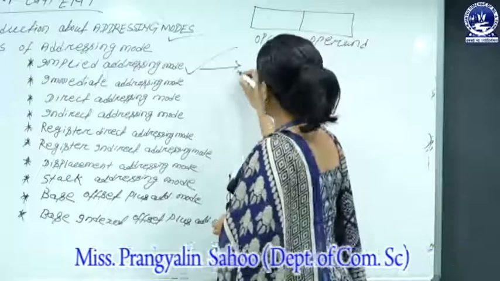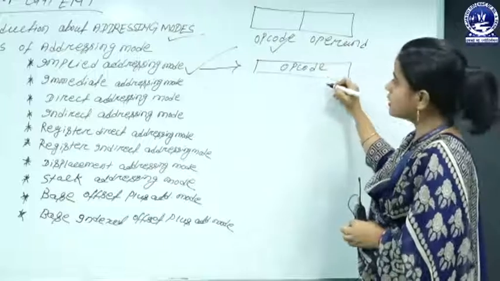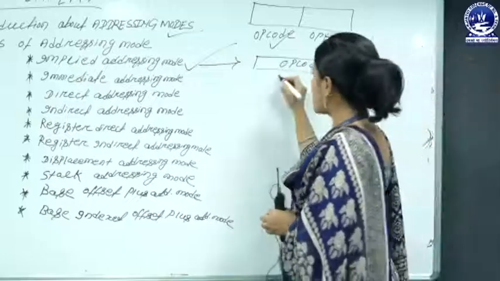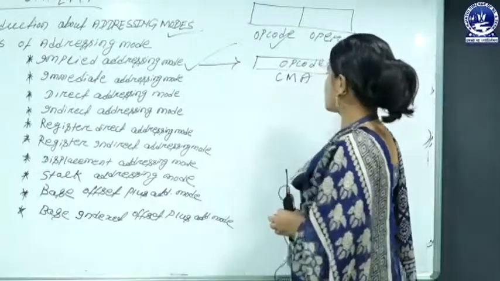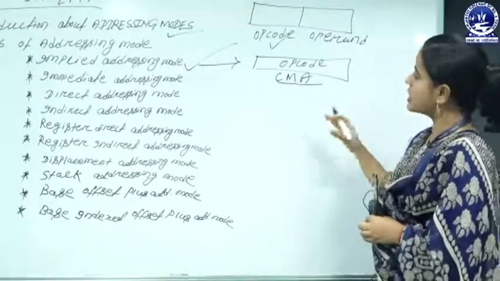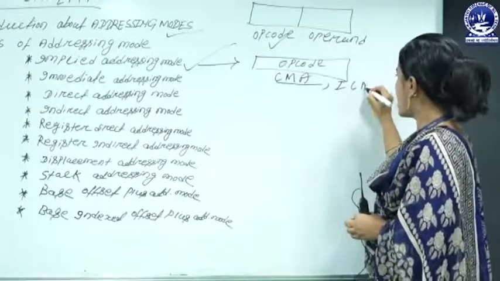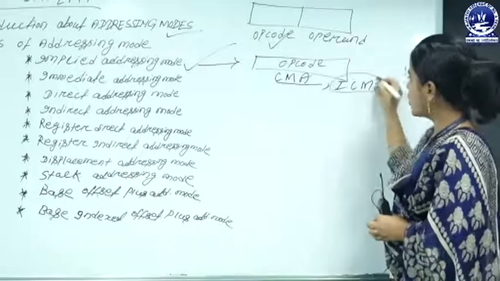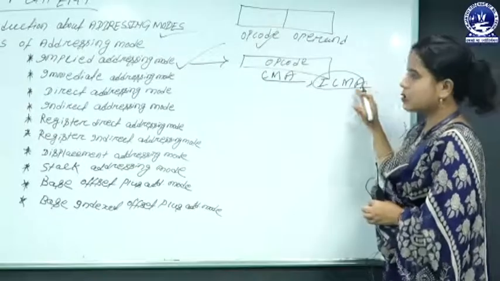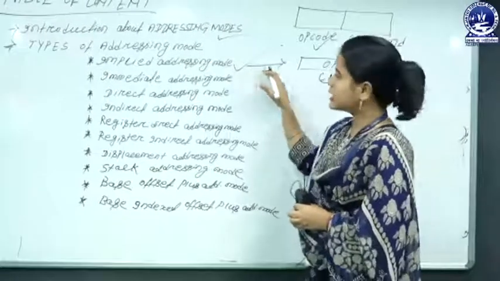That means only the particular opcode is used, and through this opcode the embedded operand value is present in the instruction. For example, in complement accumulator instructions, implicitly one data value is present in the accumulator. Similarly, with the instruction for manipulating the accumulator, one of the data values is automatically and implicitly present in the accumulator, which is already known by the processor. That is called the implied addressing mode.